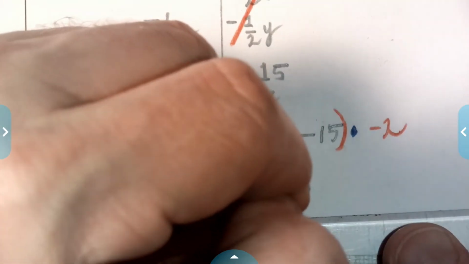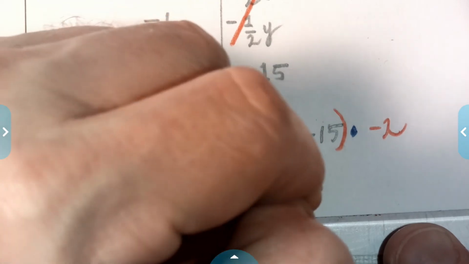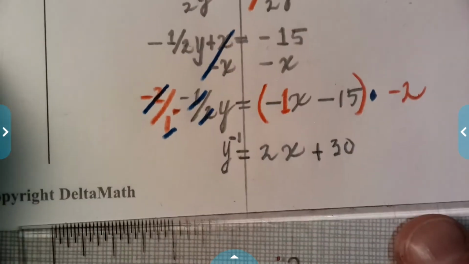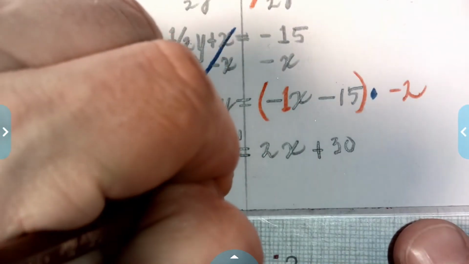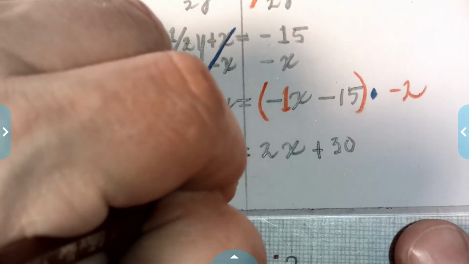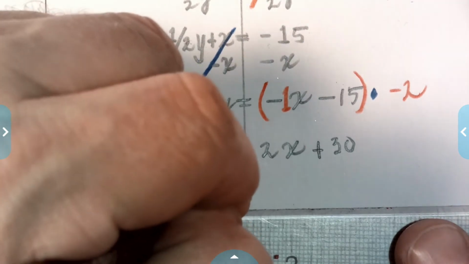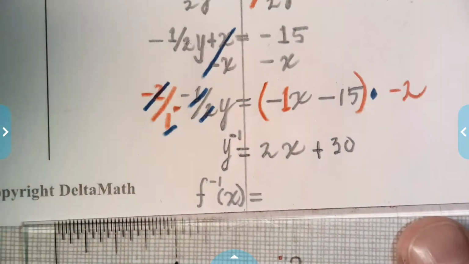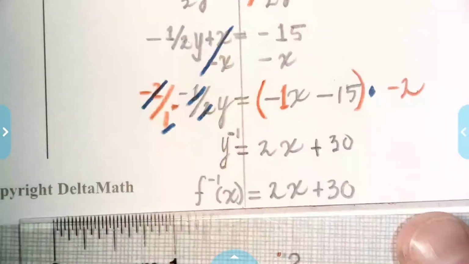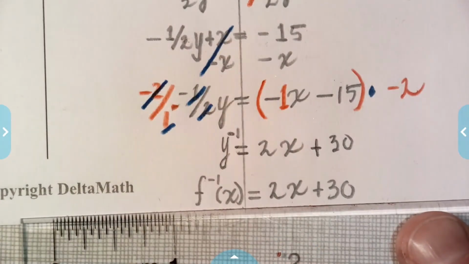Okay, because negative 15 times negative 2 is plus 30. Okay, final step, rewrite in function form. So f inverse of x is equal to 2x plus 30. And that's what we're going to put in the box.